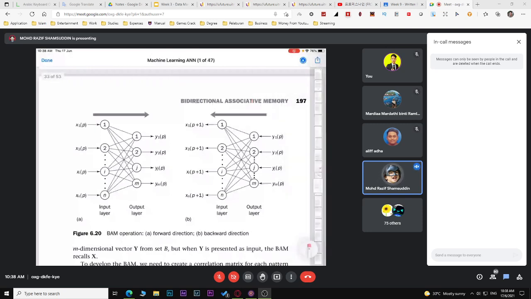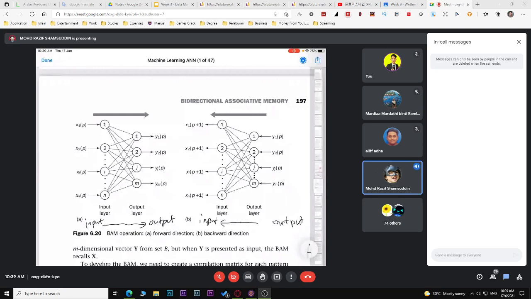It has a forward direction learning and a backward direction learning. So the input can produce the expected output, and the same goes with the output. Whatever is paired with the output should be able to produce the input. So it works both ways.